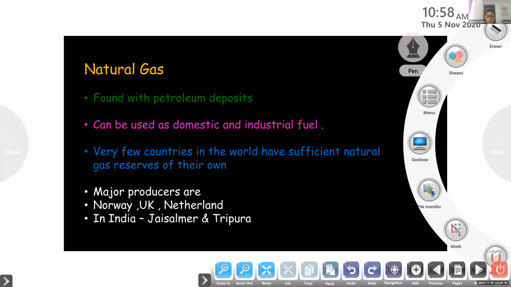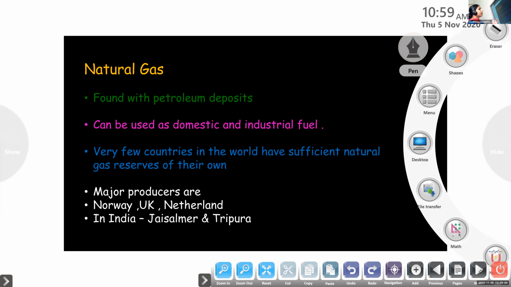Natural gas is found with petroleum deposits, in sedimentary rocks, at sea or ocean. Natural gas is released when crude oil is taken to the surface of the earth.